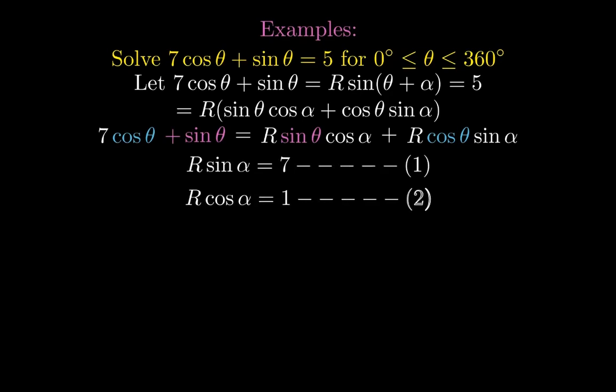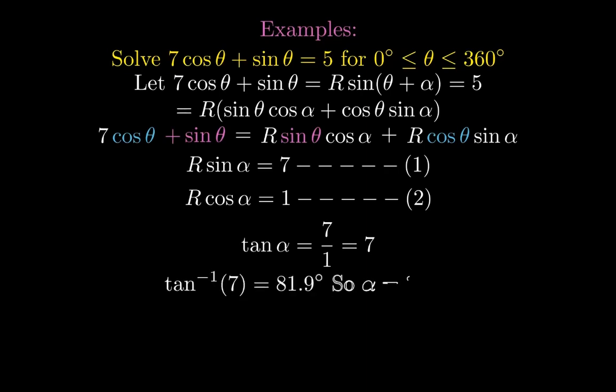Now from here we can solve for alpha by dividing equation 1 by equation 2. r sin alpha divided by r cos alpha, the r cancels r, and you have tan alpha equal to 7 over 1, which is equal to 7. Now what we need to get is the value of alpha, which is the tan inverse of 7. So alpha is equal to tan inverse of 7, which gives us 81.9.